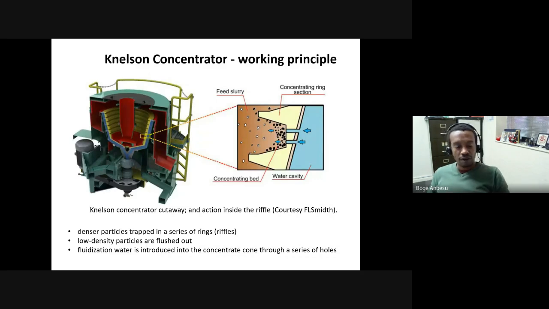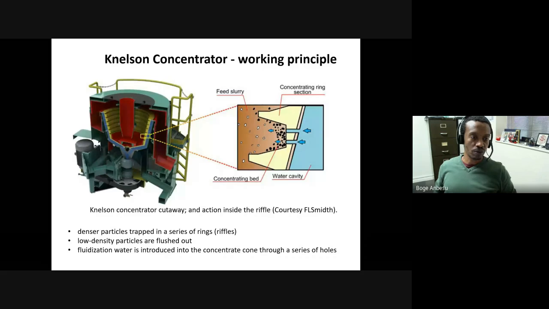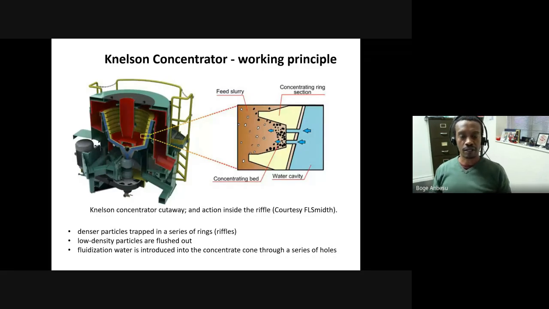So it's roughly a 20 to 30-minute cycle. But if you have very dense particles, you could achieve stratification or separation even within 2 or 3 minutes. If you want to allow more particles to accumulate, a cycle could take up to 20 minutes or so.